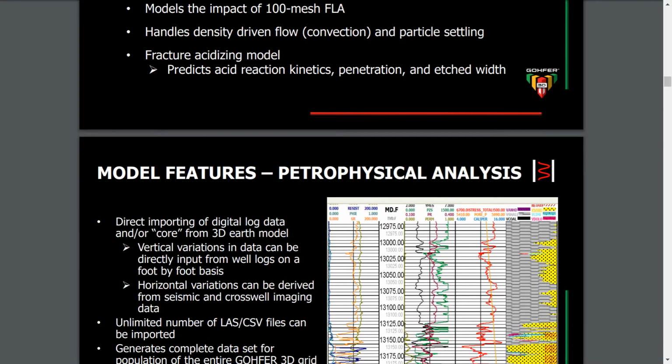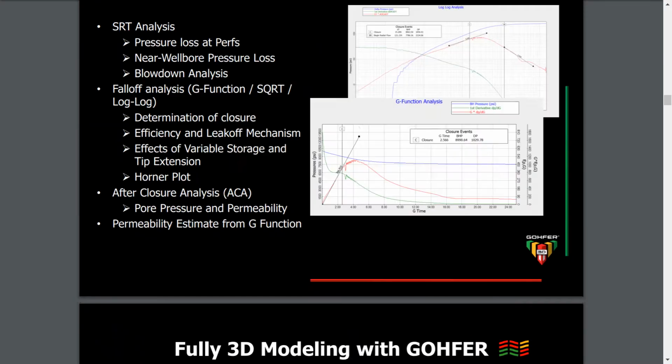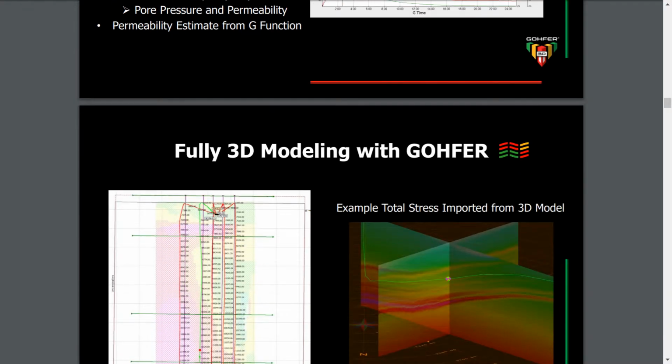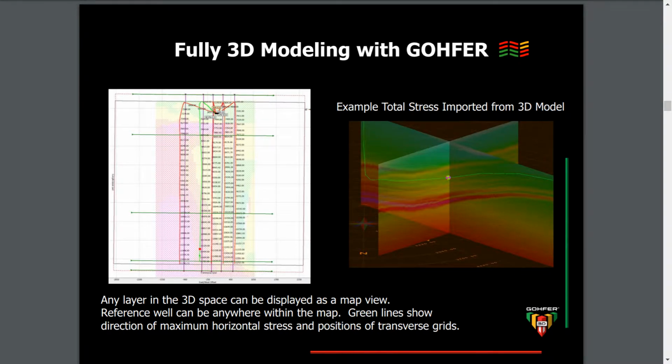How can you build a three-dimensional mechanical earth model? Probably here you see the answer. What can you use? Sometimes you just have wellbores, right? What else can you use to build these 3D models? Seismic, right?